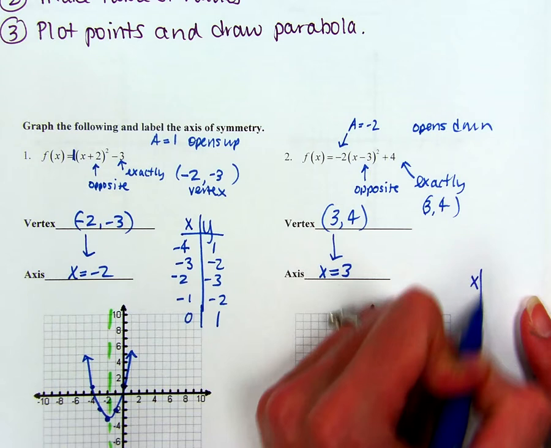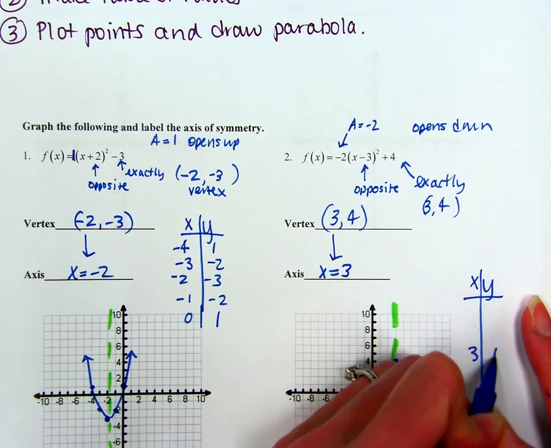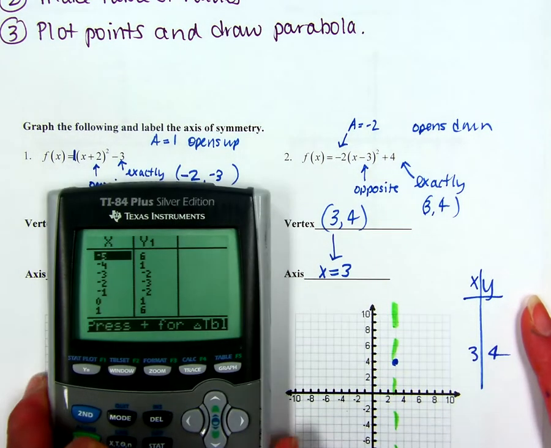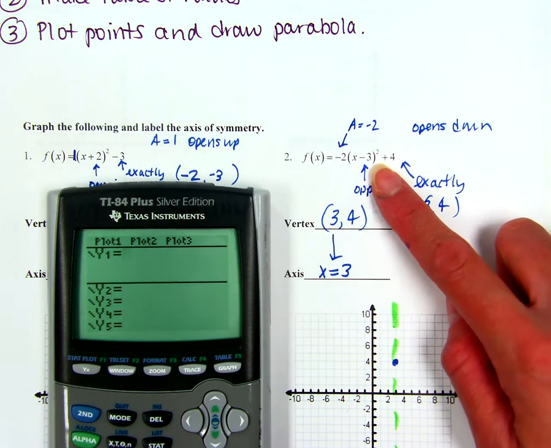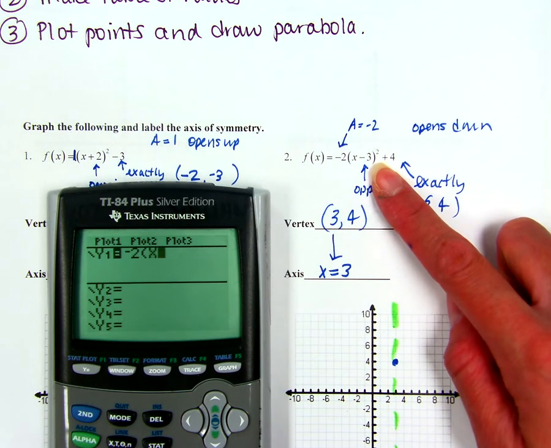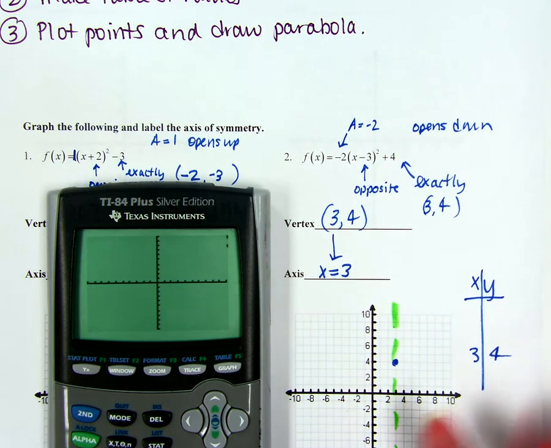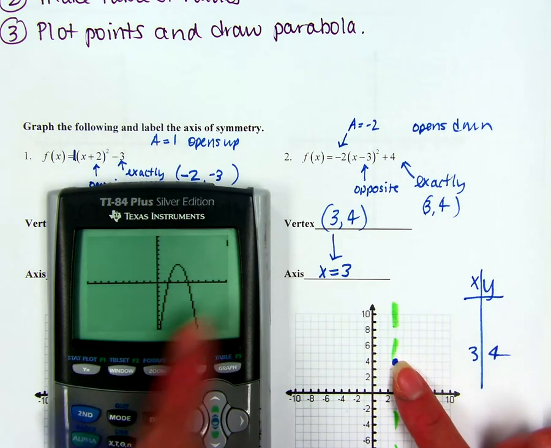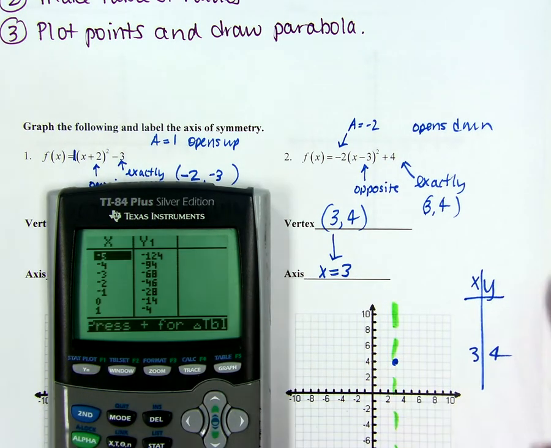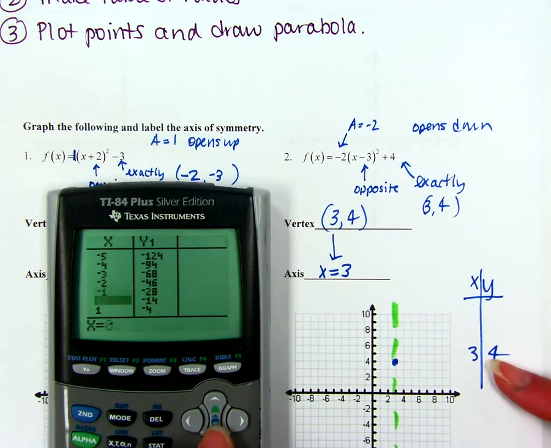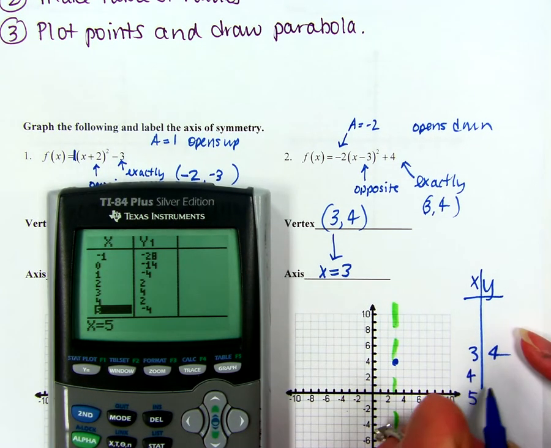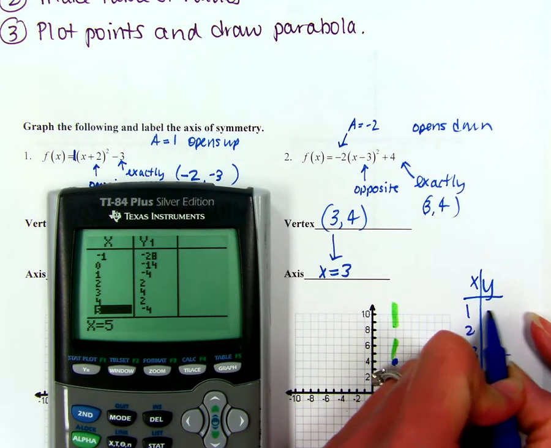All right, and then I'm going to make a table of values. I know that 3, 4 should be in there. So I'm going to go to y equals, type in my new equation, negative 2 times (x minus 3) squared plus 4. And I'm going to hit graph. So it should be on the right side here, opening down. And then if I look at my table, I need to find positive 3, so make sure you find positive 3. And then write down a couple more values above and below.